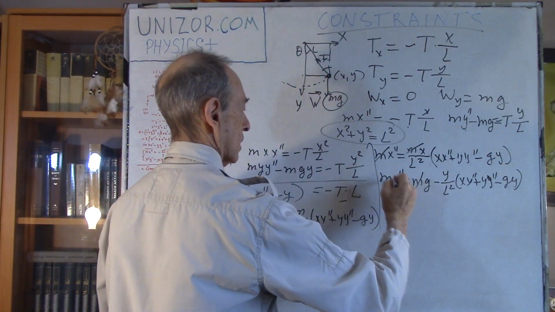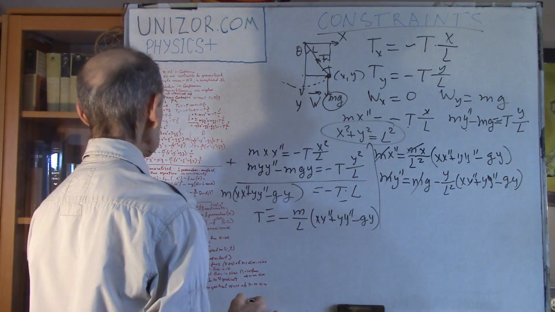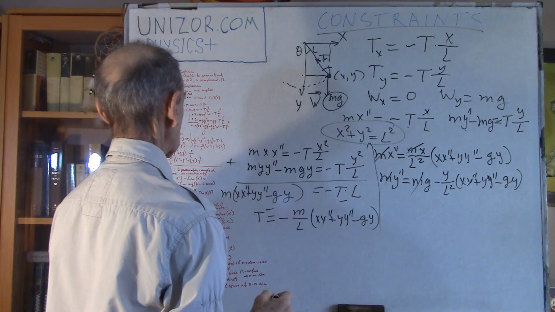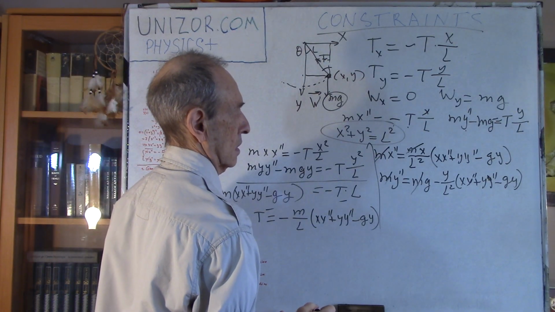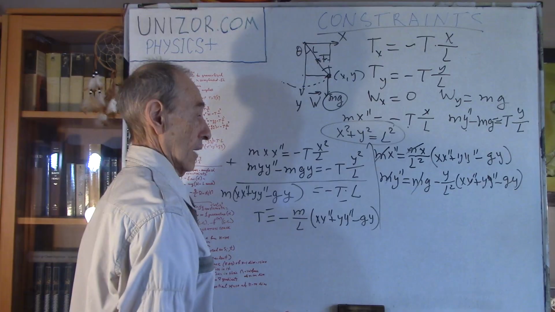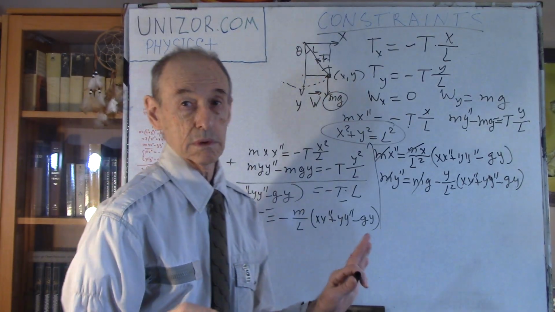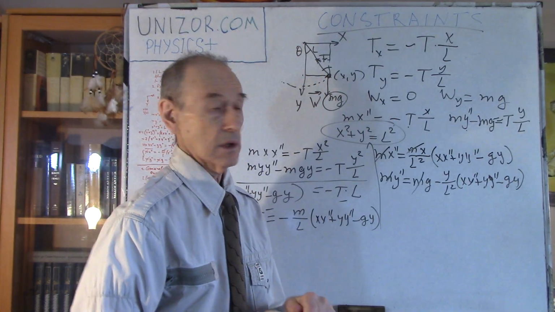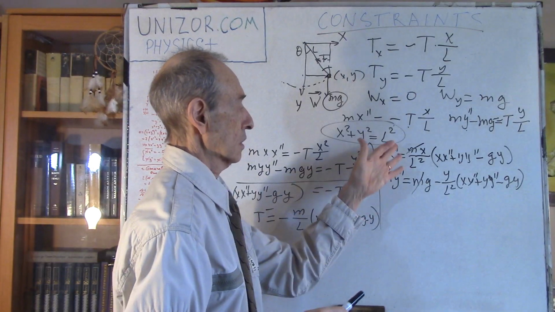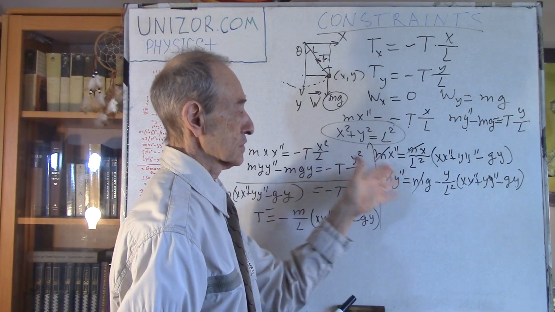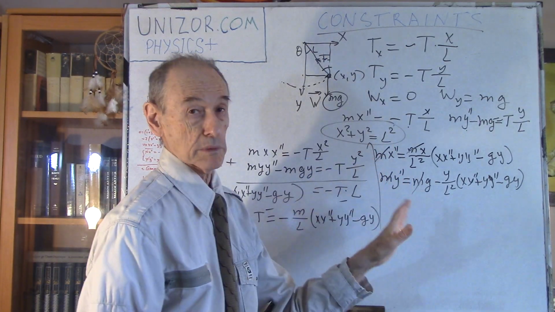And also we can get rid of that. Now we have two variables, x and y, with two unknowns, with two equations, differential equations.